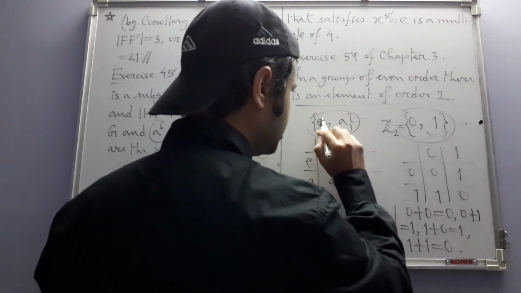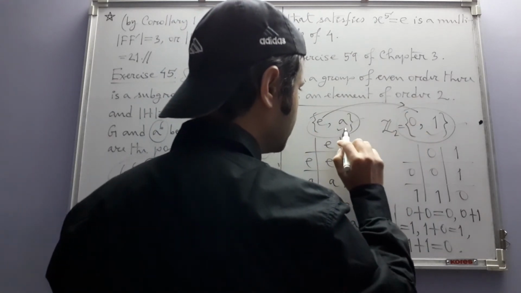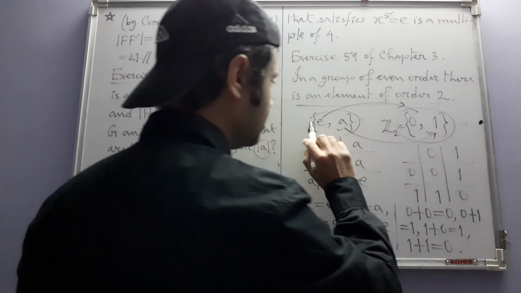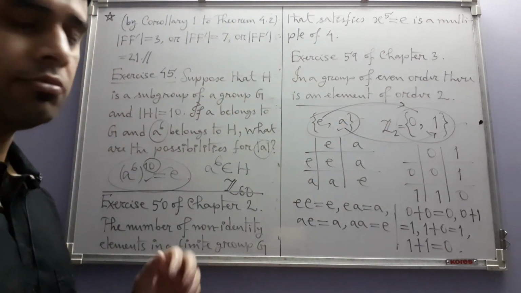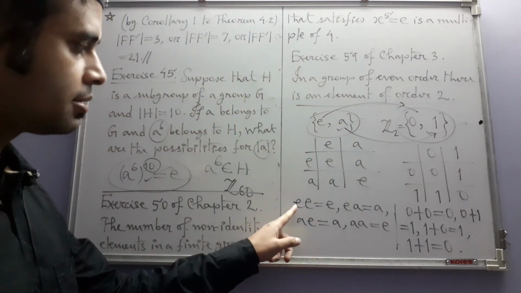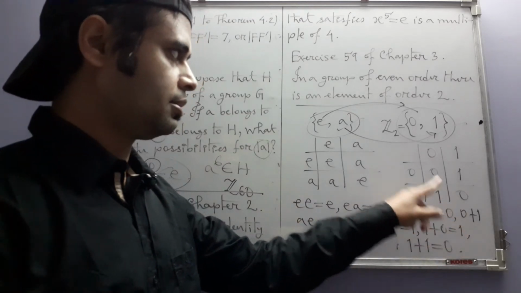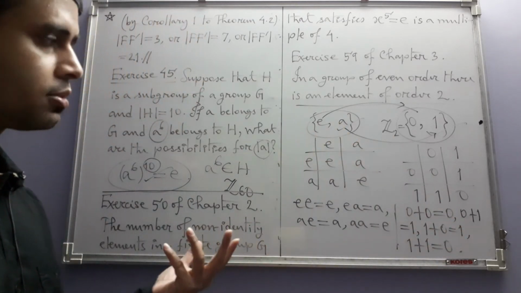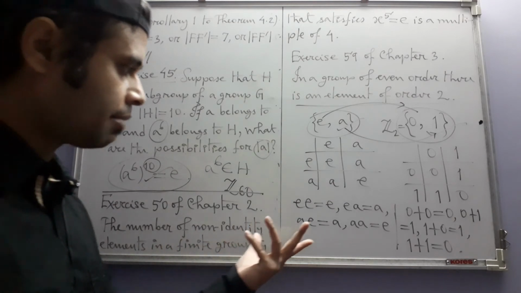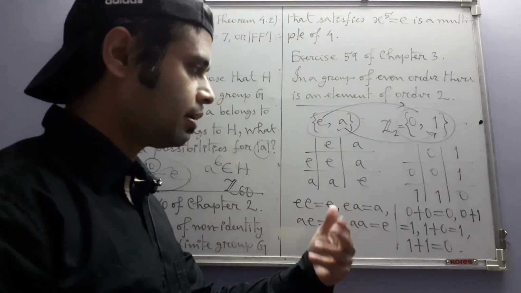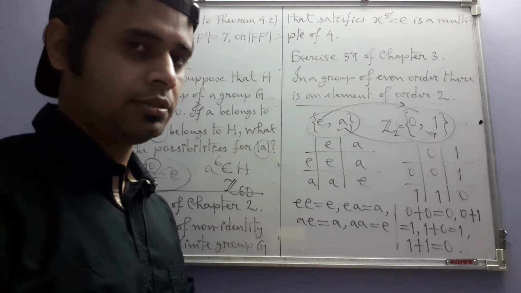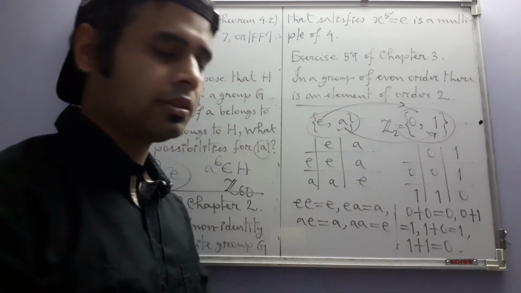If we associate 0 with 1 and E with 0 and A with 1, then you can see that E gives us E, 0 gives us 0. So it's like whatever is happening in one group, an exact mirror image happens in the other group.